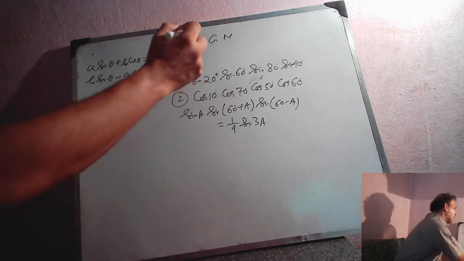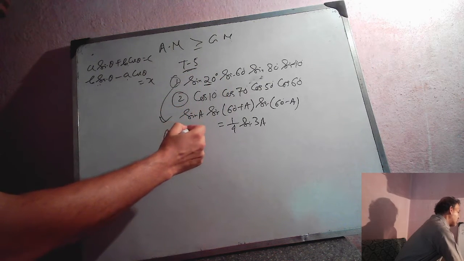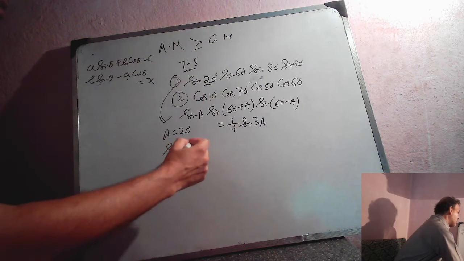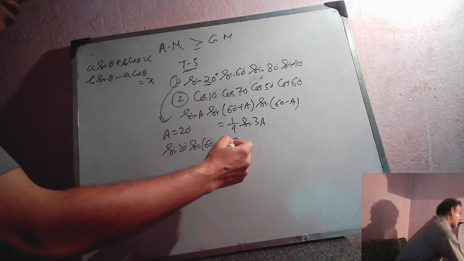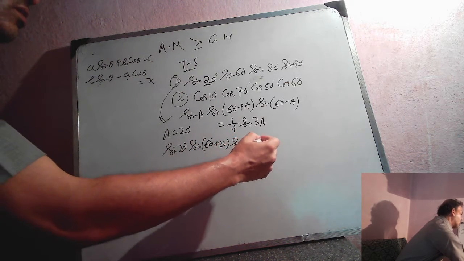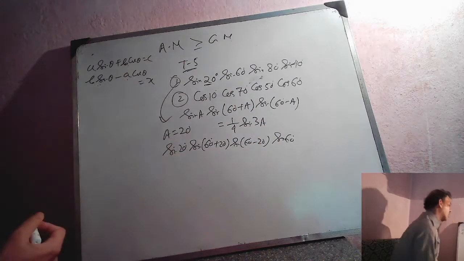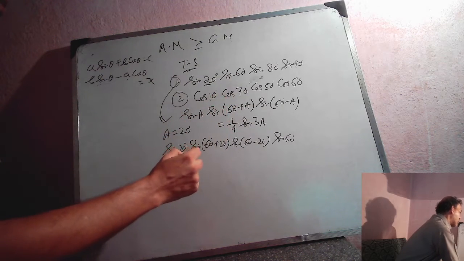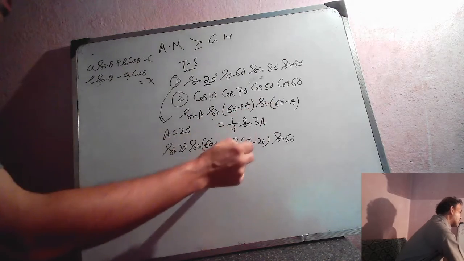Now let A equal 20, then sin 20 into sin(60 plus 20), sin(60 minus 20), sin 60 same. Now compare it to sin A, sin(60 plus A), sin(60 minus A).